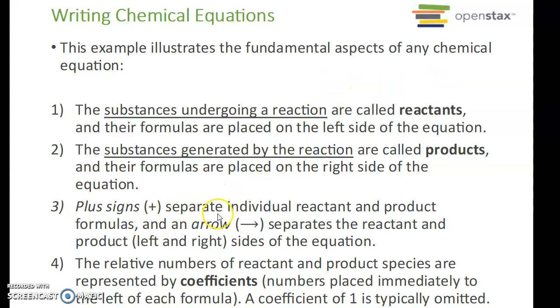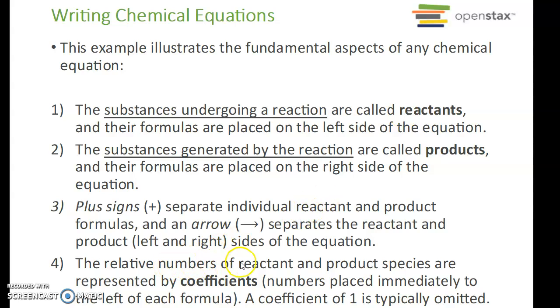Plus signs separate individual reactants, so if you have more than one reactant, you'll have the different molecules separated by a plus sign. You have the arrow sign in between, as I mentioned, and then if you have more than one product, you will have plus signs between the different ones there.